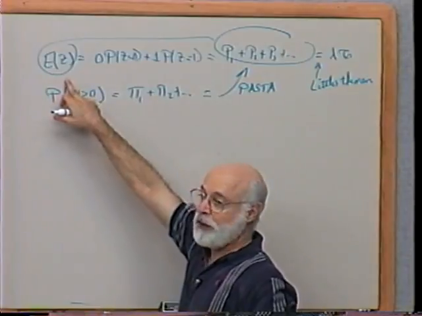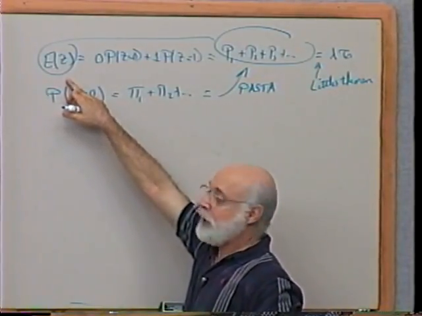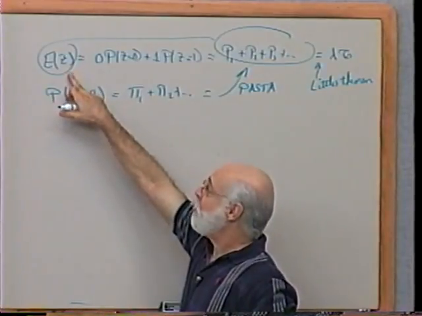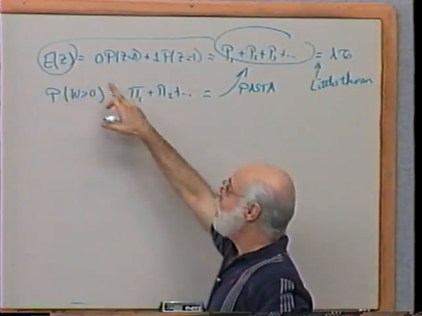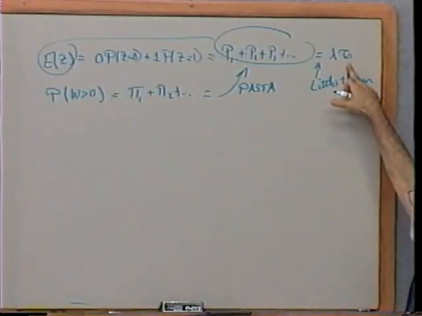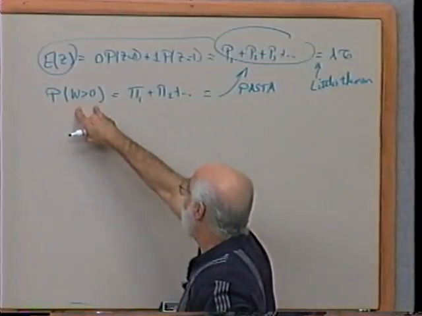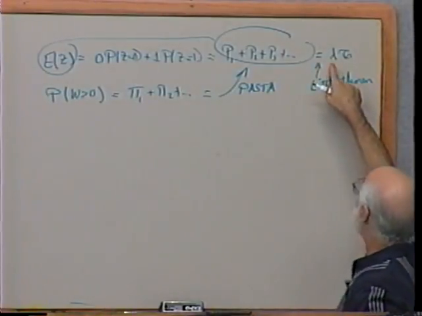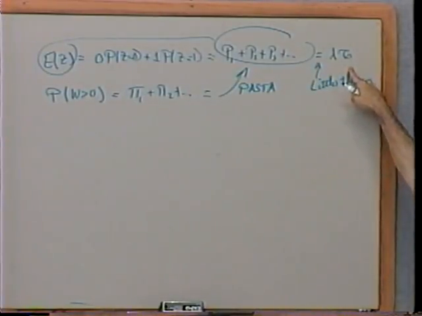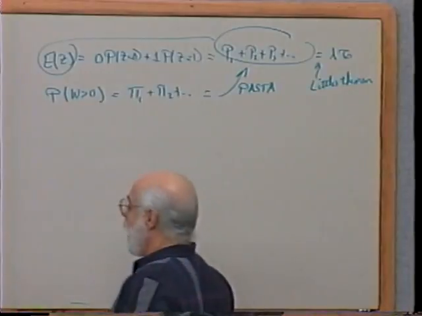And since that's an expected value, by Little's theorem, if Z describes the state of the server, it is the rate of entry into the server times the average time spent in the server. And so therefore, the fraction of customers who have to wait at all is equal to the arrival rate times the average service time. Okay, so we got that.